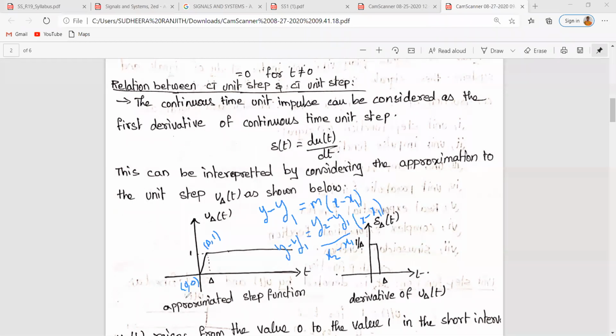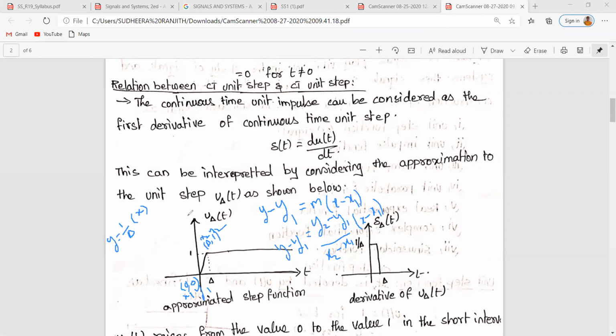So let us consider this as x1 and y1, and this as x2 and y2. If we substitute the values, y is equal to y2 minus y1, that is 1 minus 0, which is 1, divided by x2 minus x1, delta minus 0, which is delta, into x minus x1, where x1 is 0. Here it is y, right?